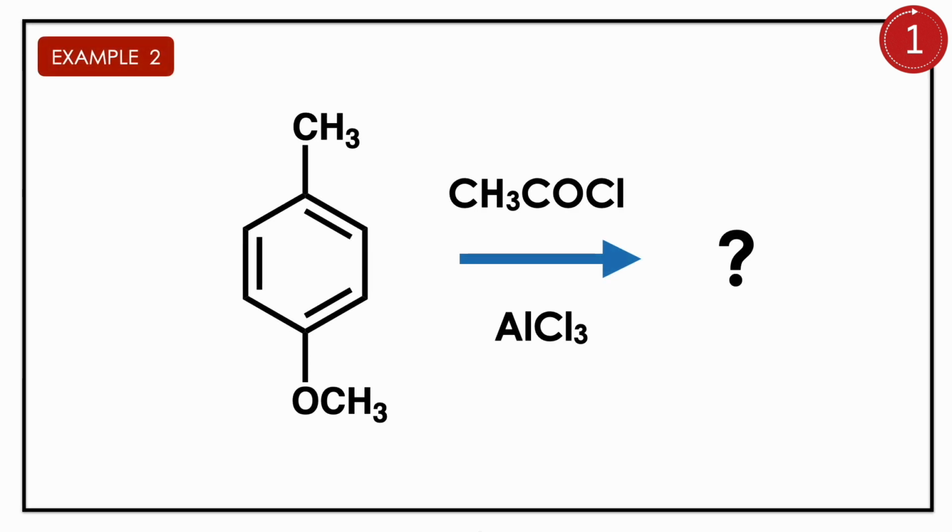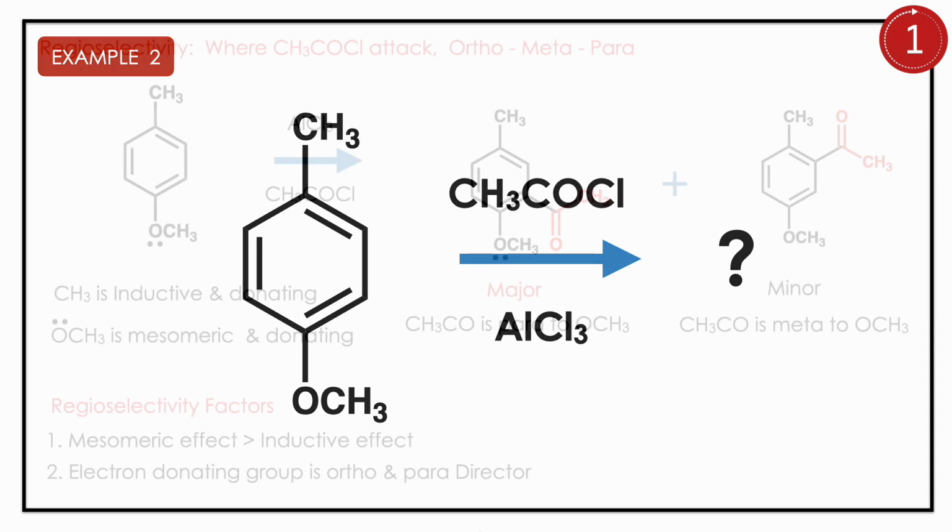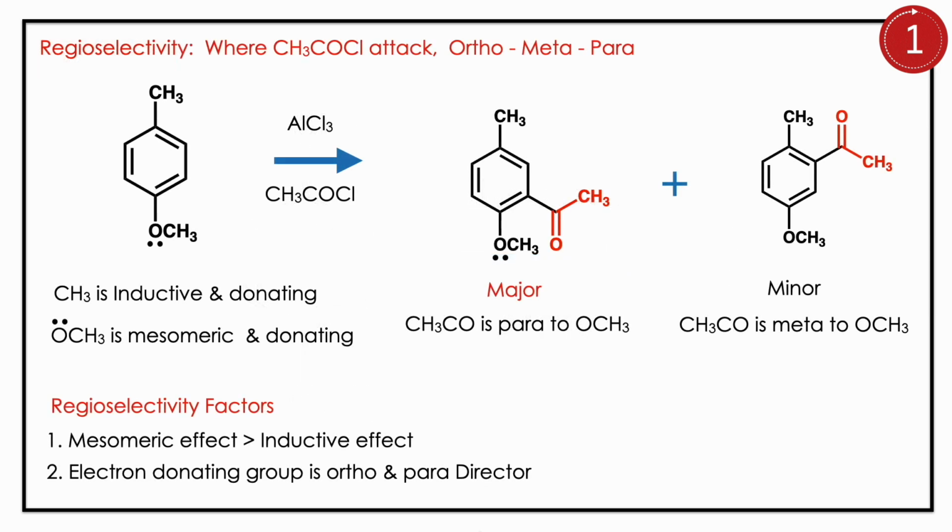Then you will see the next example. Here you have paramethylanisole with acid chloride and aluminum chloride. You should find what the final product will be. Here you have two electron donating groups. One is methyl, one is O-methyl, which is methoxy. Where does the reaction happen, ortho, meta or para?